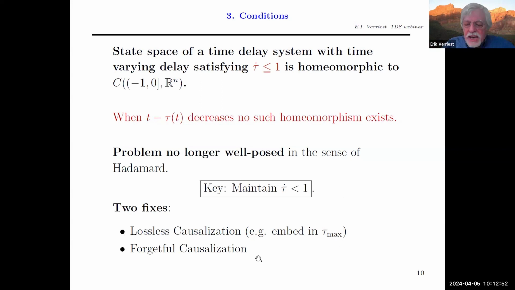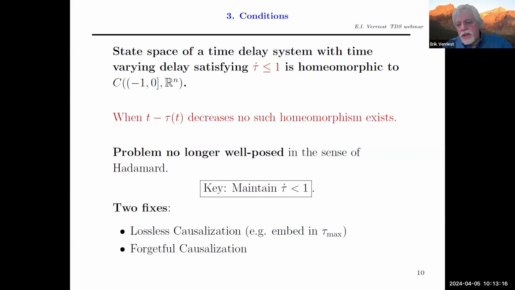If that's not the case, think of the delay as being a shift register in discrete time, and you vary the length of the shift register. Once you have a short shift register and it expands very fast to a longer one, what are you going to put in that shift register? You don't have the data available. So I call that forgetful causalization.